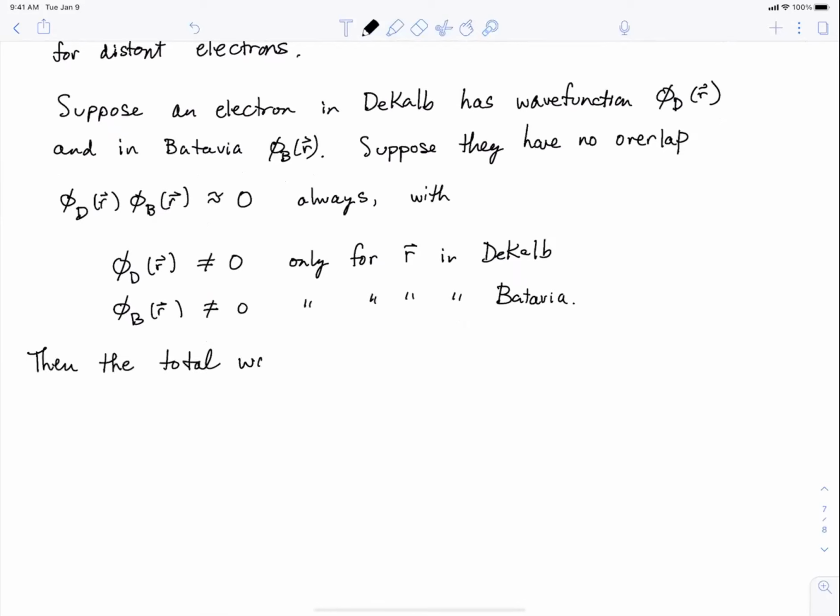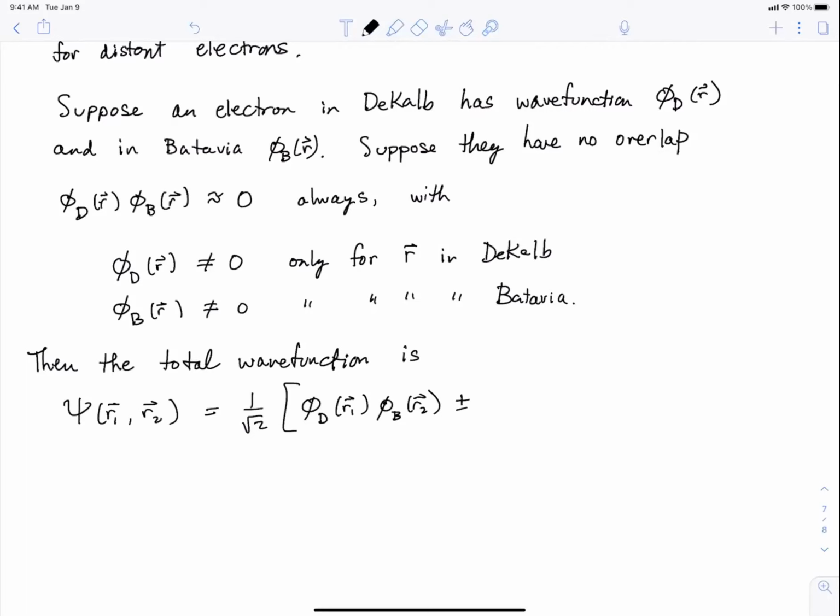So the total wave function for our 2-electron system is, as we already wrote before, I just take my product of wave functions, and then I do plus or minus the same thing, but their roles are reversed. This is what makes it look like there would be a big effect of exchange degeneracy that we have to worry about.